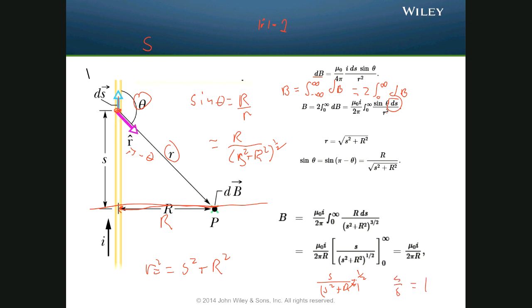So for larger and larger values of s, as you get to infinity, the limit of this is 1, and therefore you have just the mu naught I over 2 pi r part. And that is where we get our long straight wire.